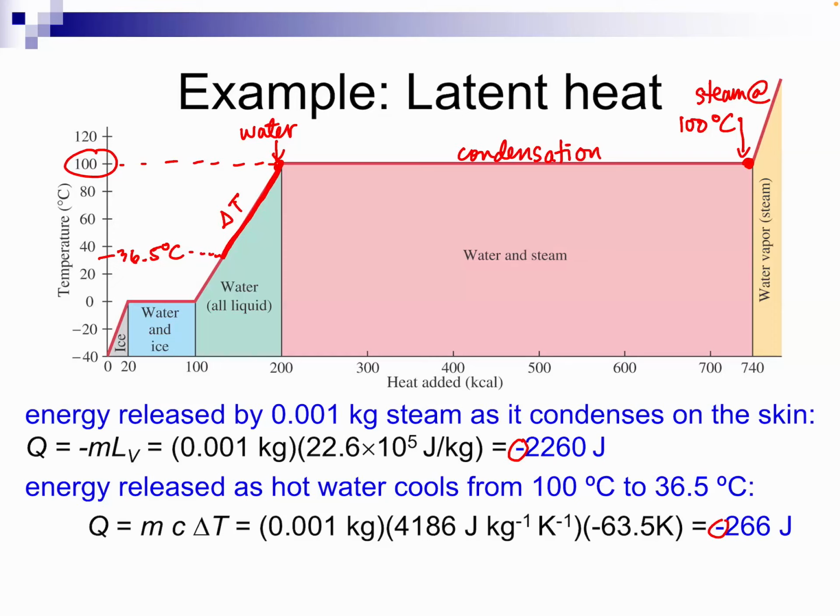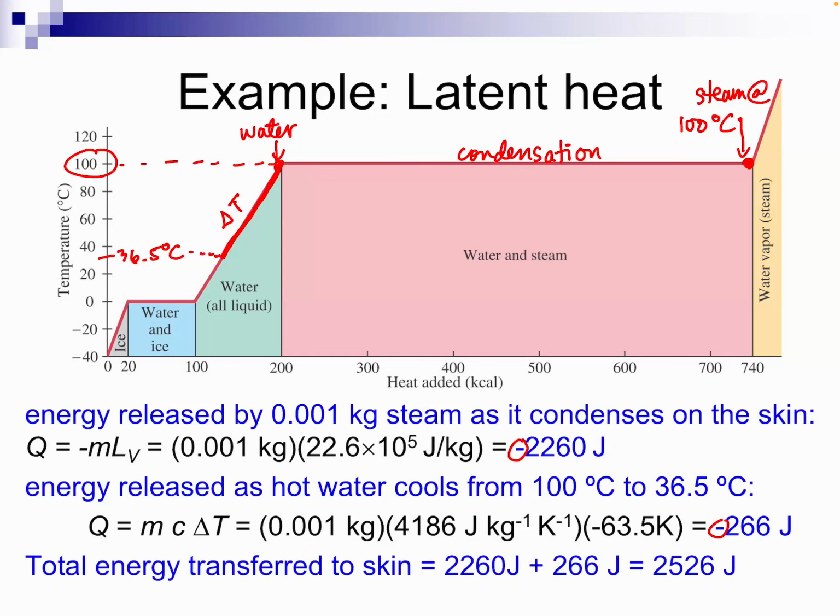So the total energy released as the steam condenses and goes down to a temperature equal to the skin will be the sum of these two energies released. Where will the released energy go? The released energy is transferred to the skin. So in effect, the energy transferred to the skin is the sum of these two energies released as the steam condenses and changes its temperature.